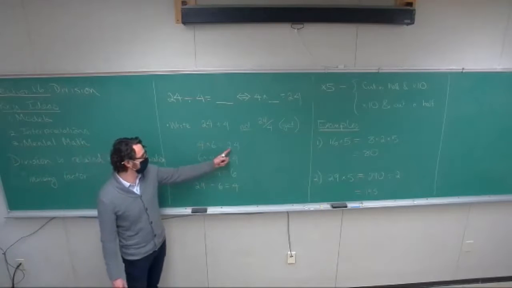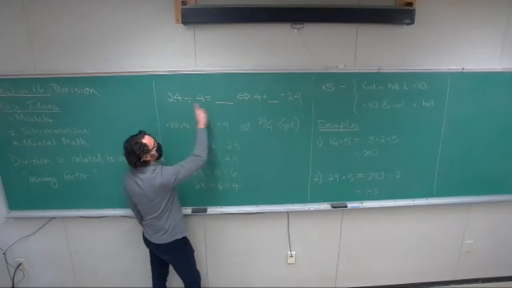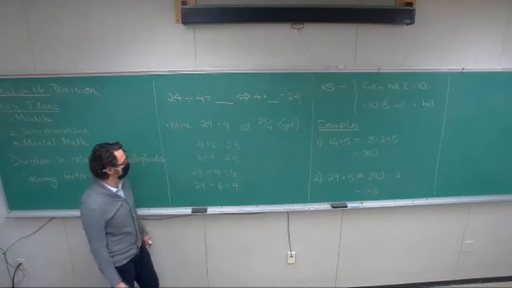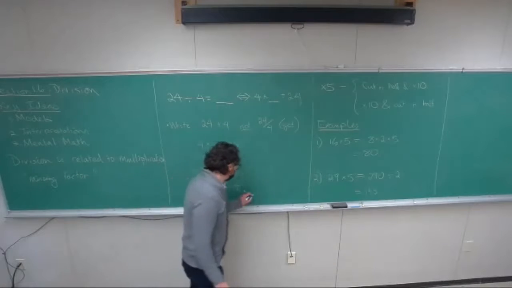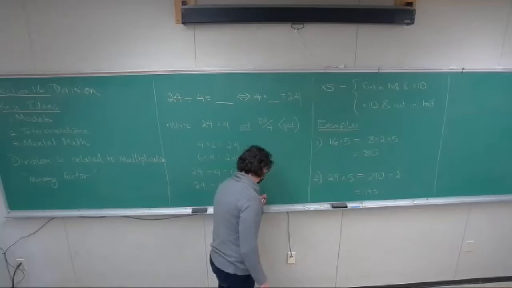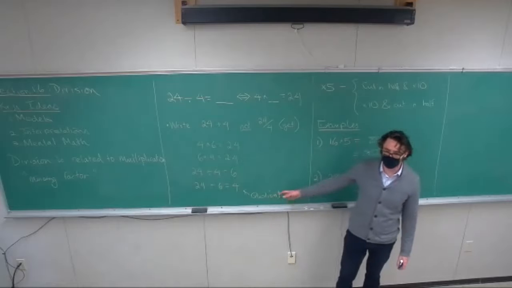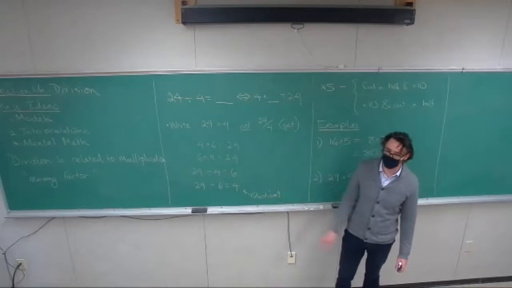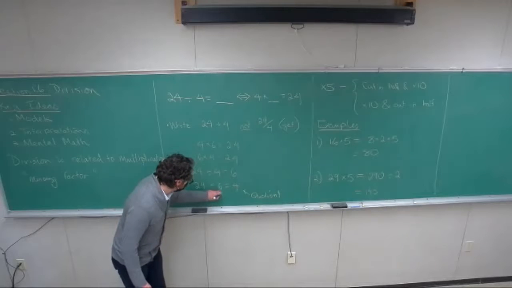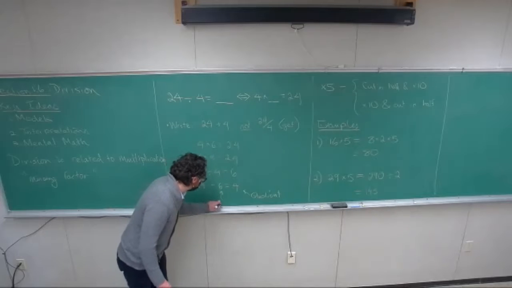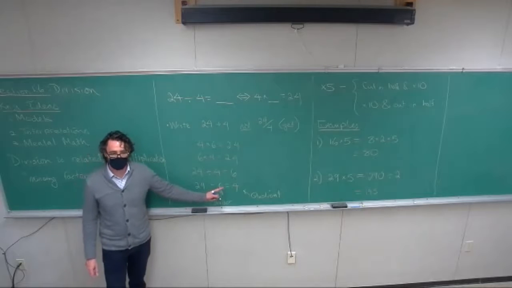Okay, so 4 times 6 is 24. Thinking about this right here, 4 times blank equals 24. That number would fill in the blank right there. Some teacher talk here. The result of a division problem, the answer you get from doing a division problem, that's called the quotient. This number is called the divisor.